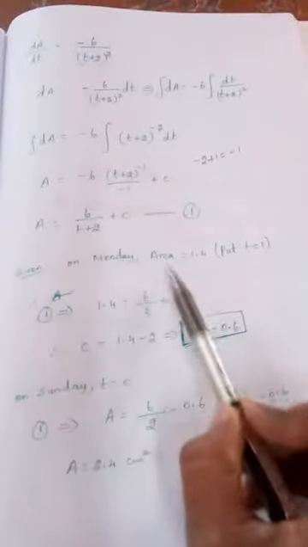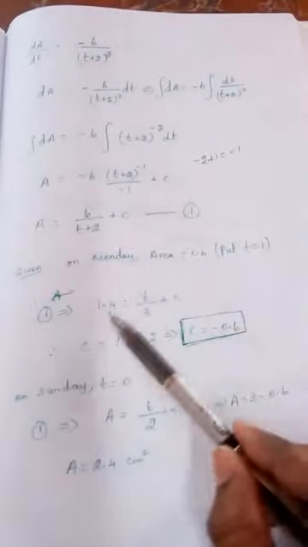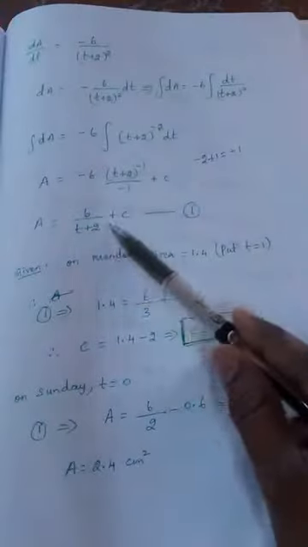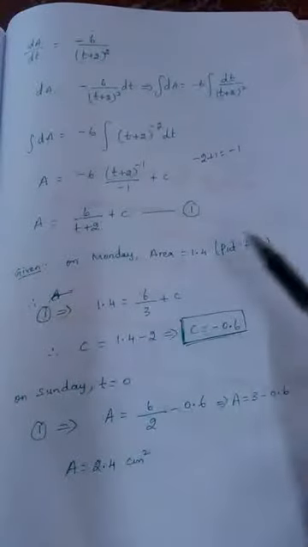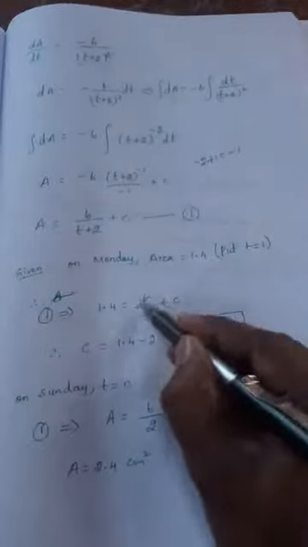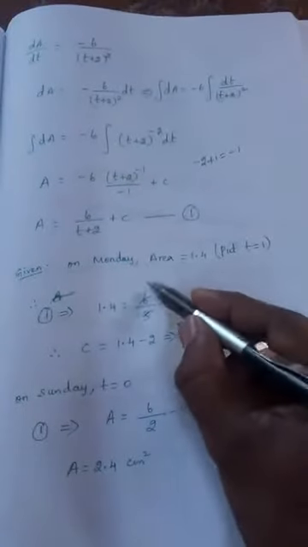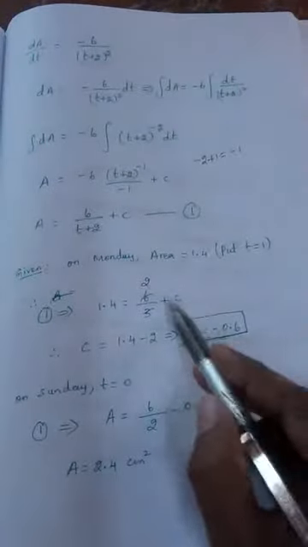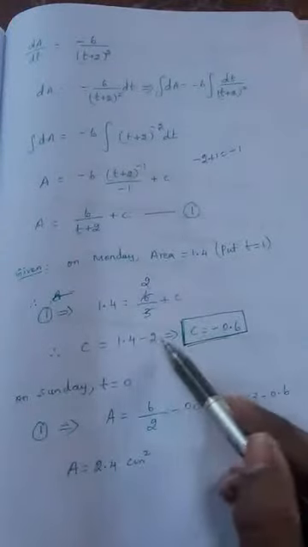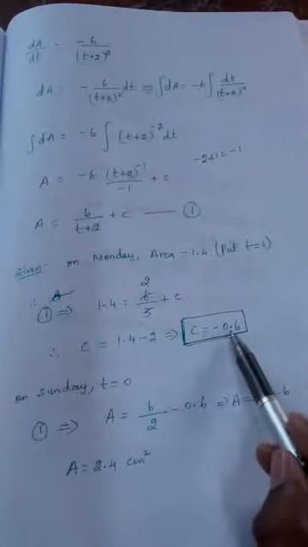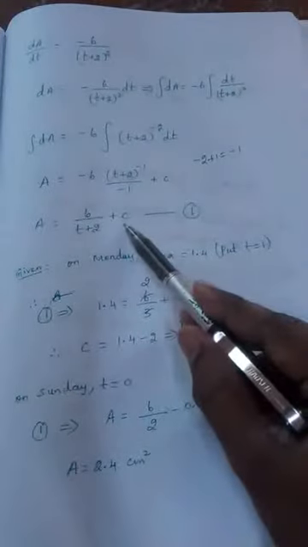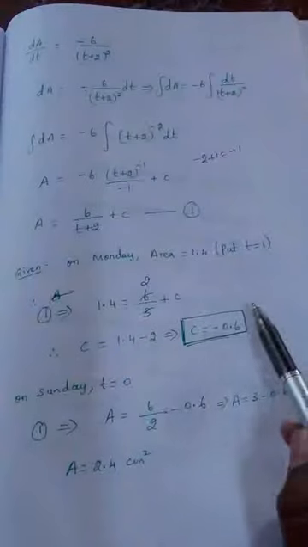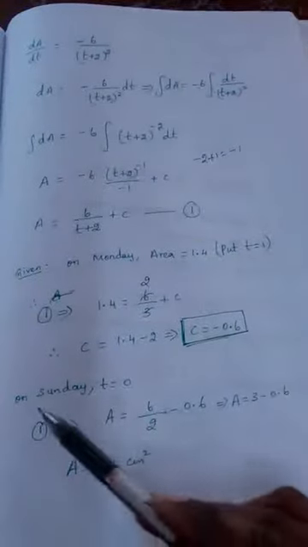Substitute 1.4 in place of A, and in place of t put 1. So 1 plus 2 becomes 3, and cancelling, we get 2 plus c. So c is equal to 1.4 minus 2. The value of c is minus 0.6.